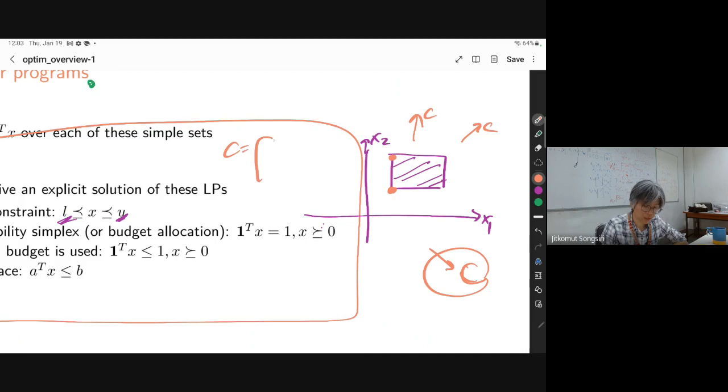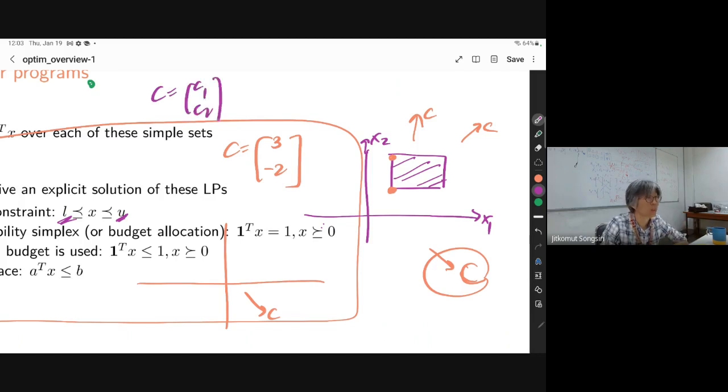Okay, so it seems that my C is 3 and minus 2. Which way? What is the quadrant of my C? Where is my C? Quadrant 1, 2, 3, 4. 4, right? If my C is that way, my solution is in the upper left. Now, can I conclude that in general? I have given you a vector C in R2, C1 and C2, all right?